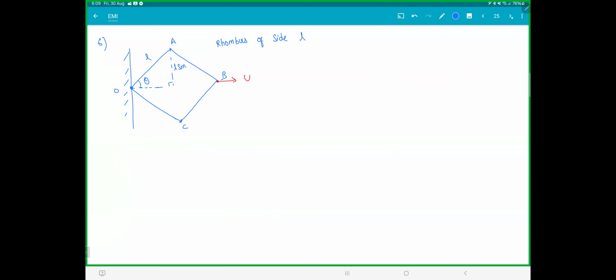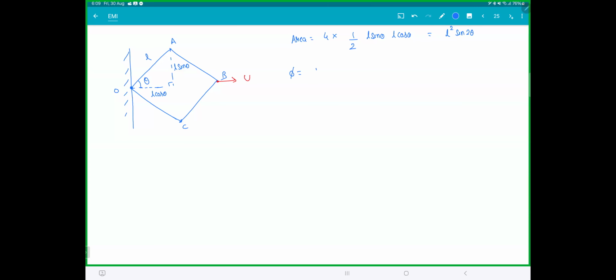This is L sine theta, and this is L cos theta. So at any point, the area would be 4 times half into L sine theta, L cos theta. Agreed? So there are 4 triangles there. So that would be L square sine 2 theta. 2 sine theta cos theta becomes sine 2 theta.